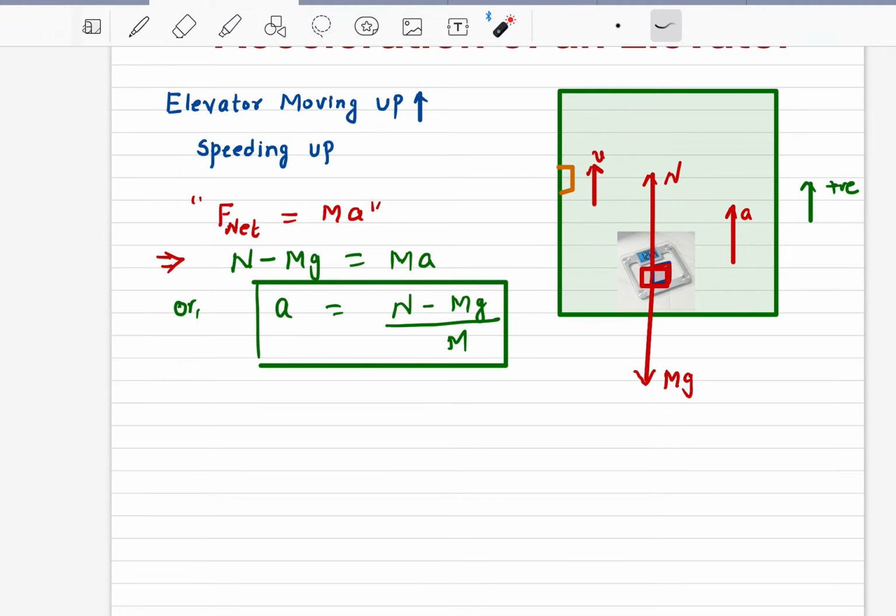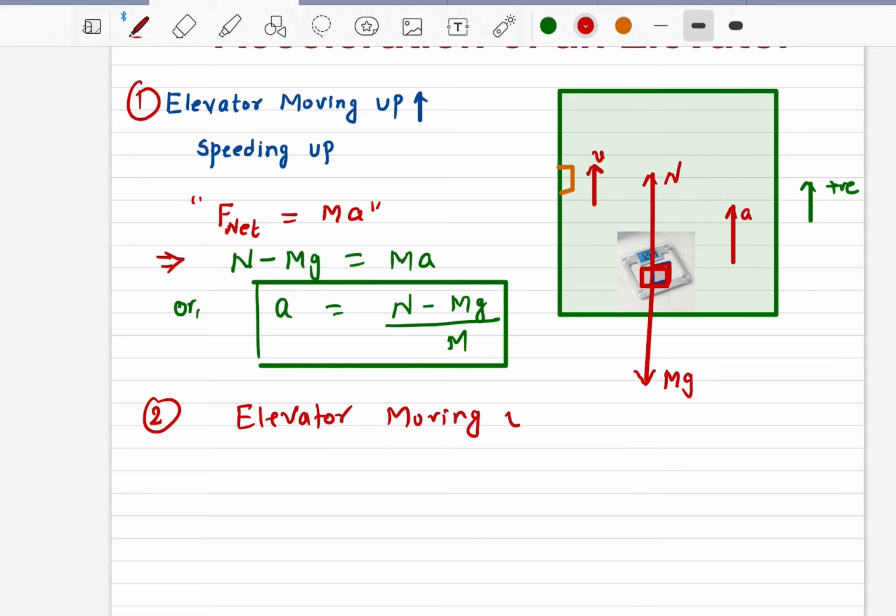Now let's change to another condition. This is the first, and this is the second. The elevator is still moving up, so my velocity is still upward, but it is slowing down. And when does it slow down?